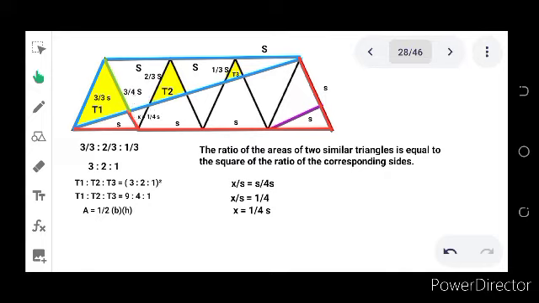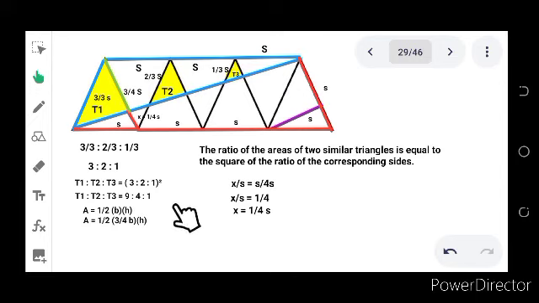So as you can see, the base now of the big yellow triangle is just 3/4 of the base of the original triangle. That means we multiply the base by 3/4 because the base is again just 3/4 of the original triangle.